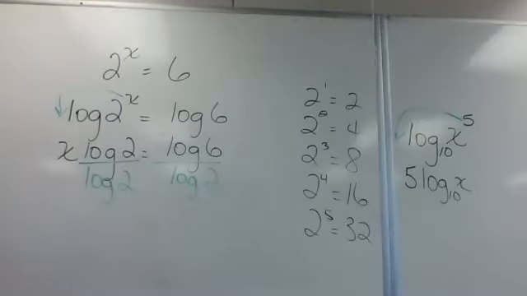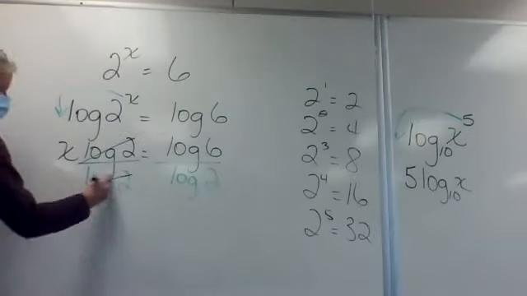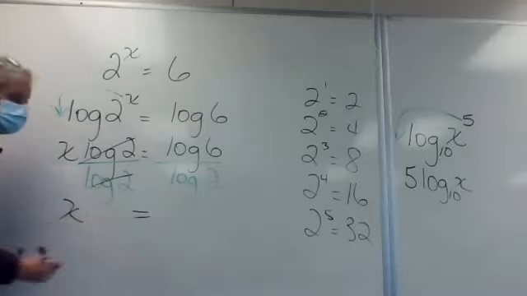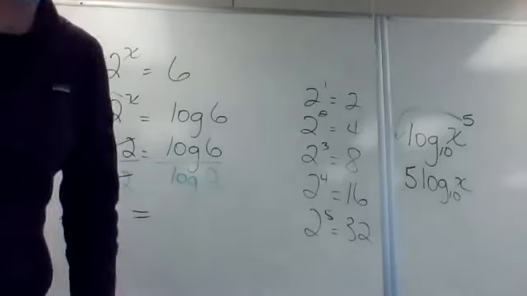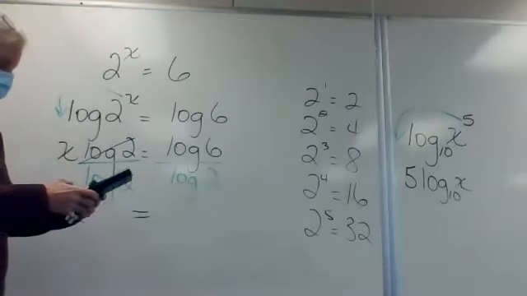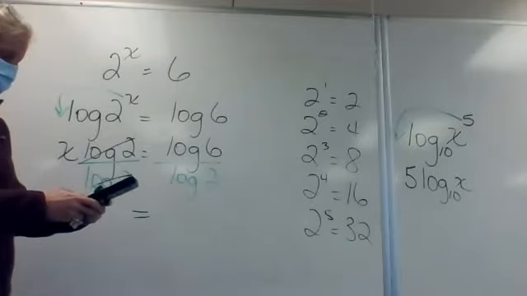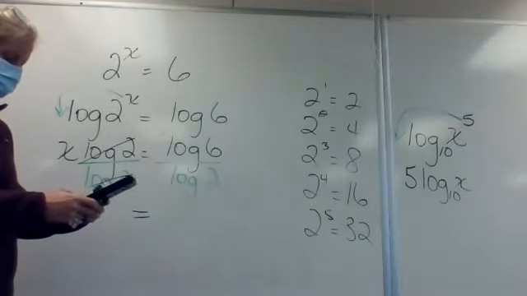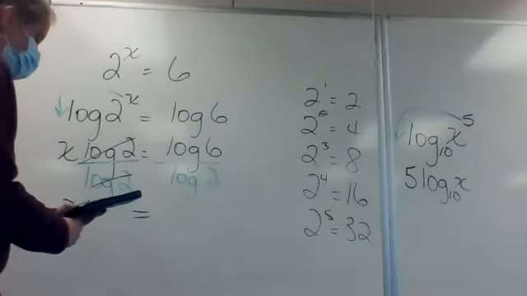Divide both sides by log 2. So there's your x isolated. In your calculator, you'll do log 6 divided by log 2. And round it to 4 places.